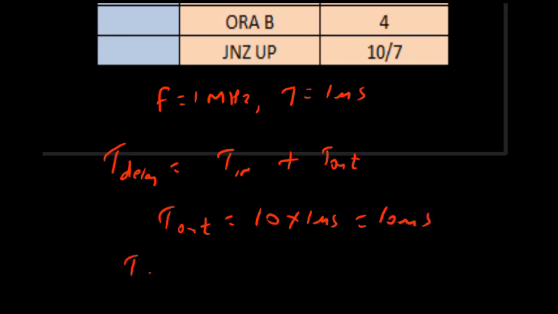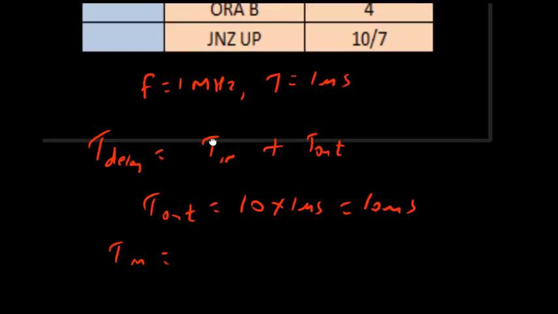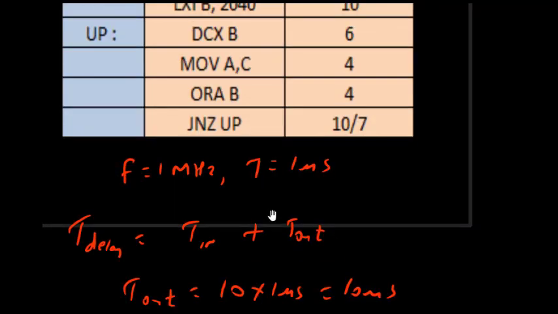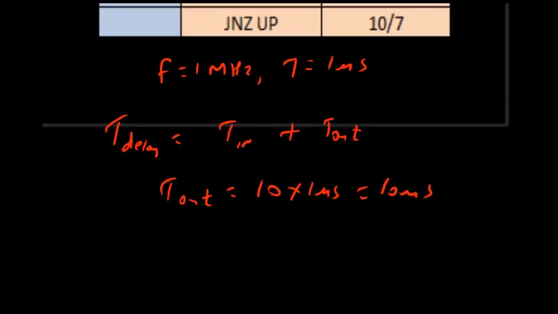Now t inside, there are many instructions, but before calculating t in, we must calculate the decimal of this particular number. Our number is 2040 hexadecimal.